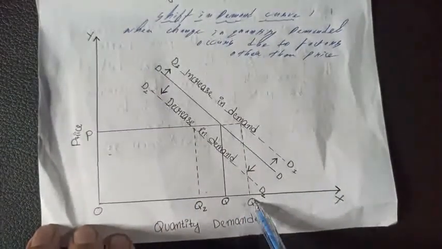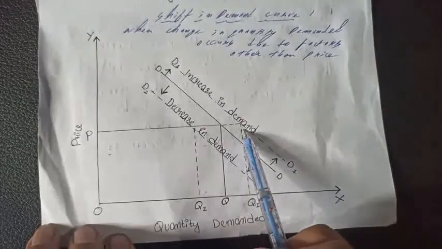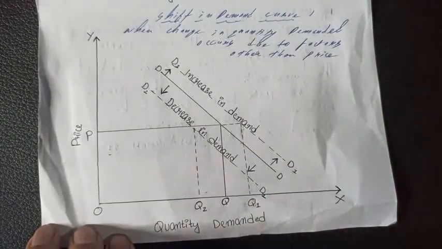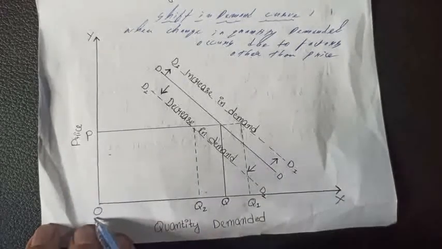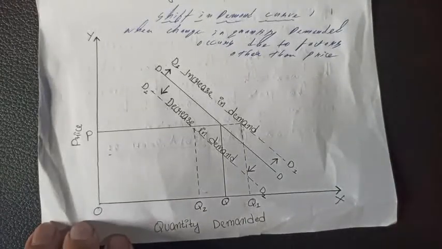But because of change in factors like income of the consumer, size of the market, taste and preferences, price of related goods, and other factors. So when there is a change in quantity demanded, not because of change in price but because of change in factors, then we call it increase in demand.